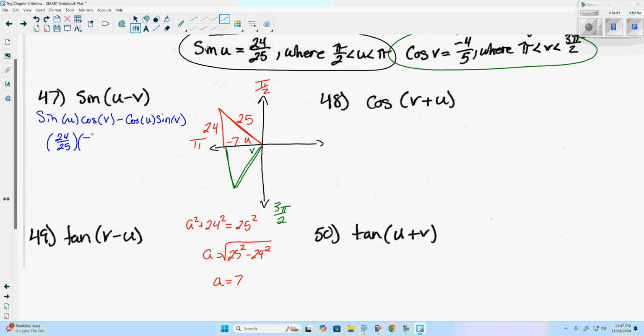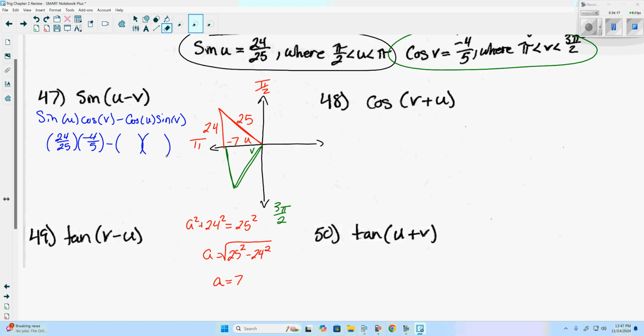Now, just from the problem itself, it told us sine of U is 24 over 25. And it did tell us cosine of V is negative 4/5. Cosine of U and sine of V we weren't given.